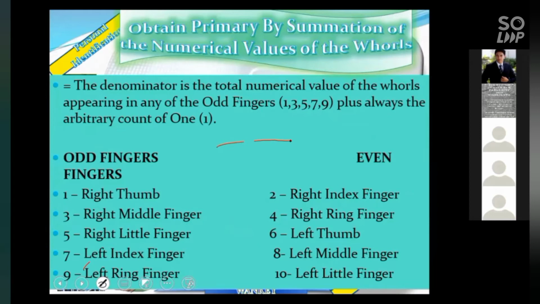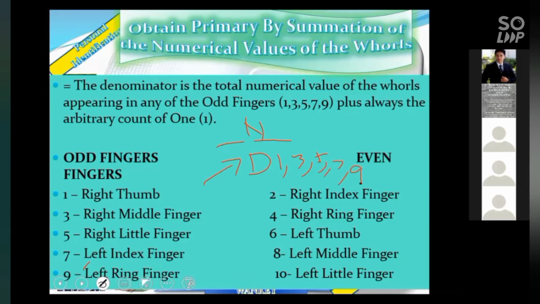Meron tayong numerator and denominator. The denominator is the total numerical value of the whorls appearing in any of the odd fingers. We are referring to 1, 3, 5, 7, 9.